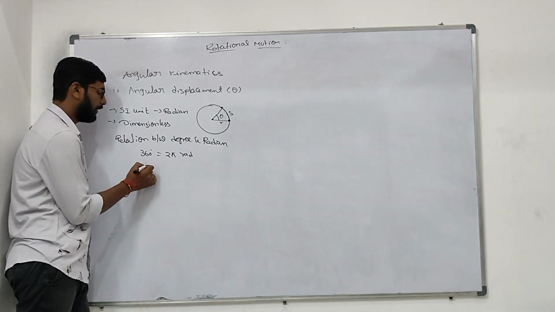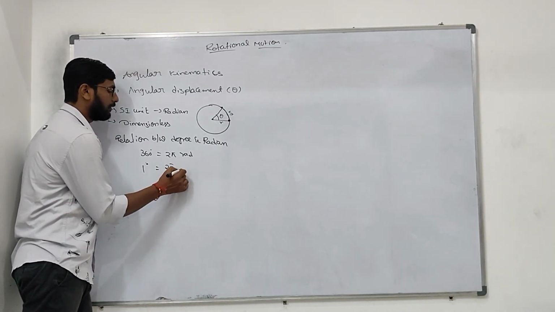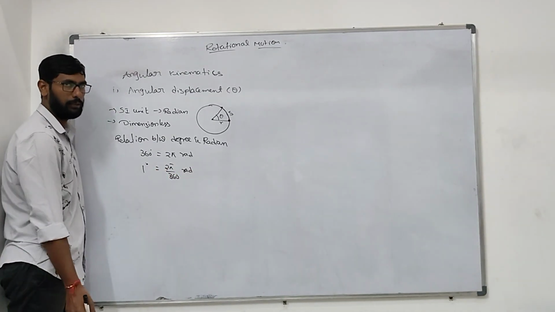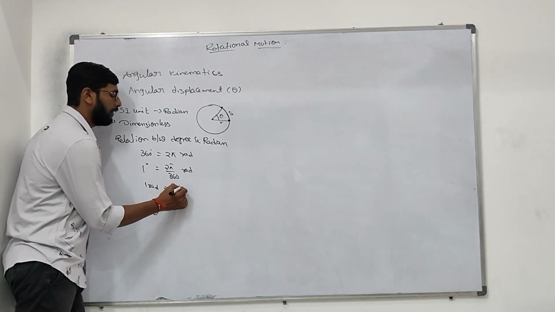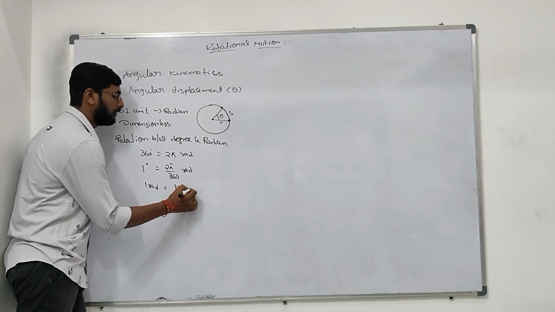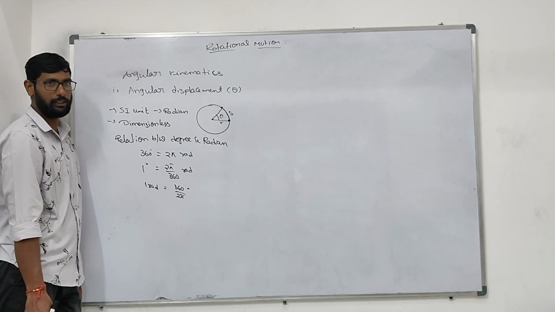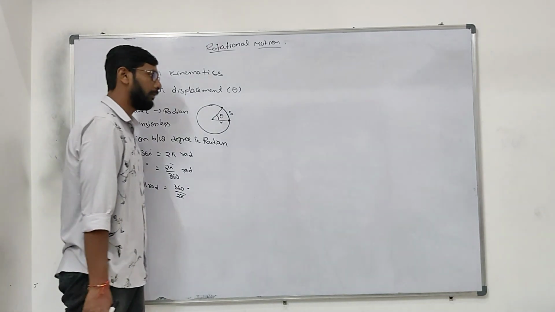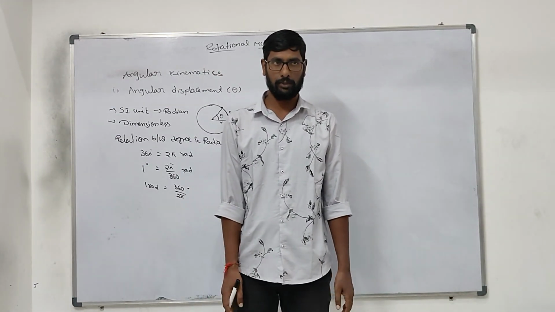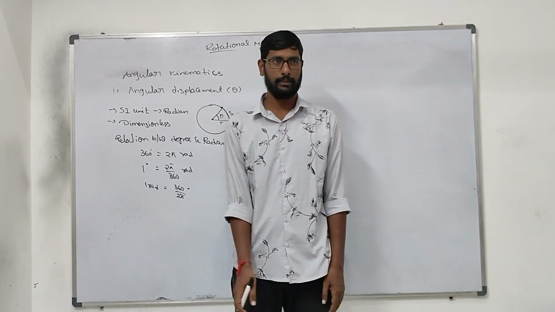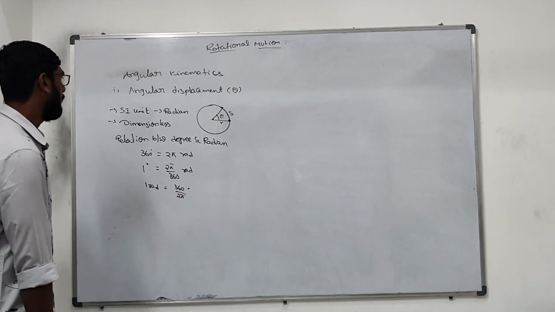Right? 1 degree will be 2 pi by 360 radian, or pi by 180 radian. 1 radian will be 360 by 2 pi degrees. By this relation we got pi by 4 as 45 degrees. You know the relations like pi by 3 means 60 degrees, pi by 2 is 90 degrees, 3 pi by 4 is 135 degrees. By using this relation only we got those values. So this is about angular displacement.